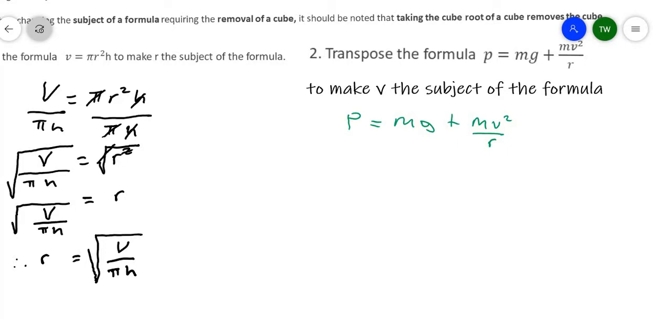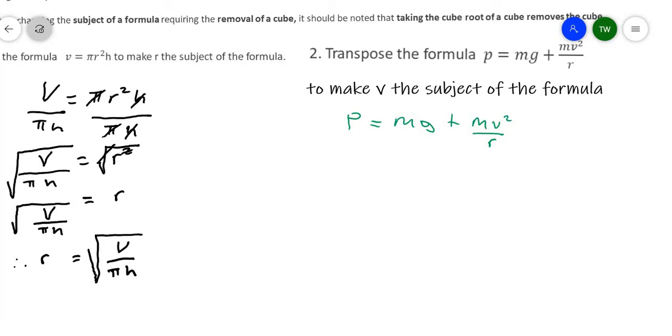Now, when we look at mv squared over r, we notice that mg has been added to it. So we need to transfer mg first to the other side of the formula. How can we transfer mg to the other side? By subtracting mg from both sides.